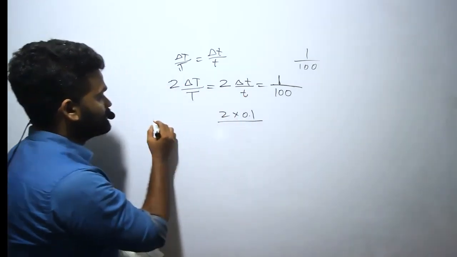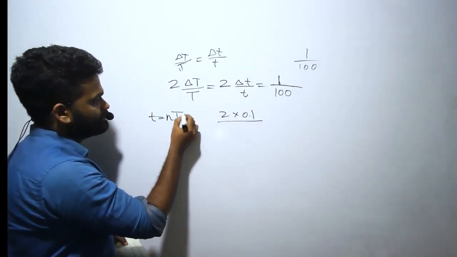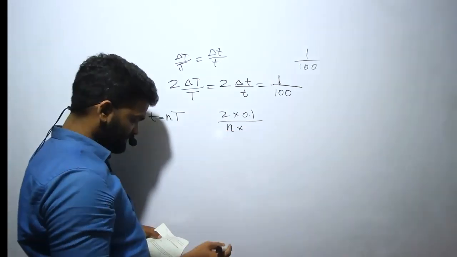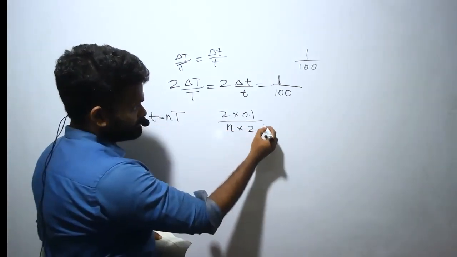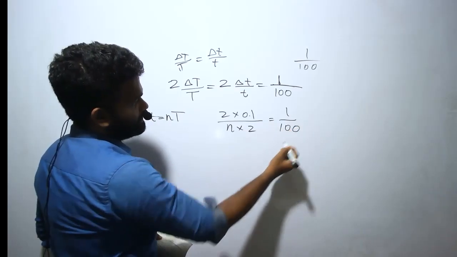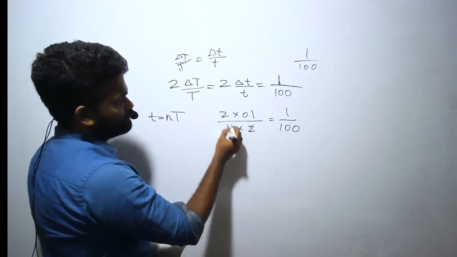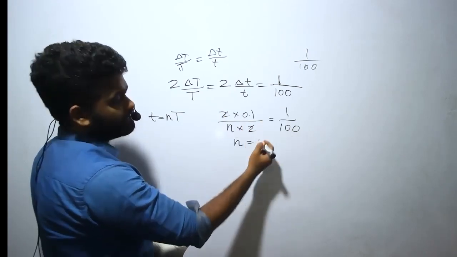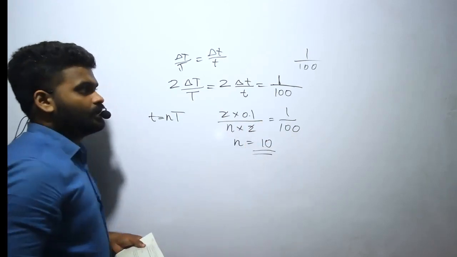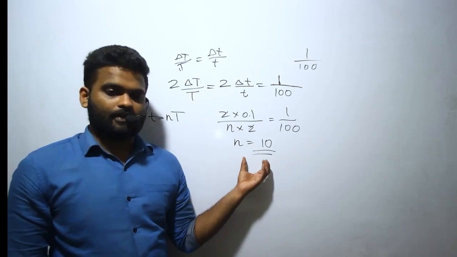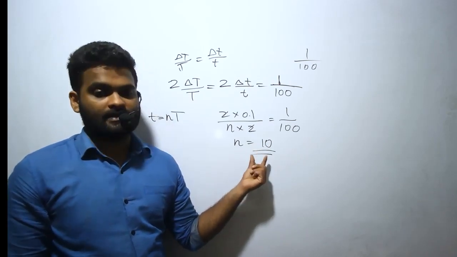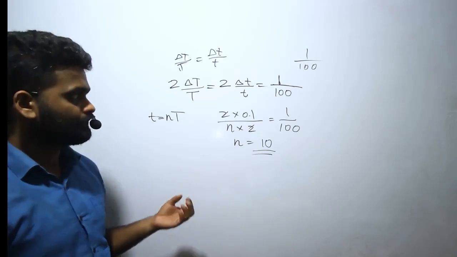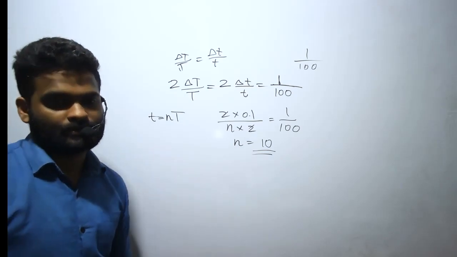What is this small t? Small t is equal to n times the oscillation. So n times, 1 oscillation takes 2 seconds. So this is 1 over 100. Then 2 cancels off. If you cross multiply this, n is equal to 10. So in order to make the error of the time period 1%, you have to take at least 10 oscillations, right? 10 oscillations. Okay, take it down. Once you are done, thumbs up.